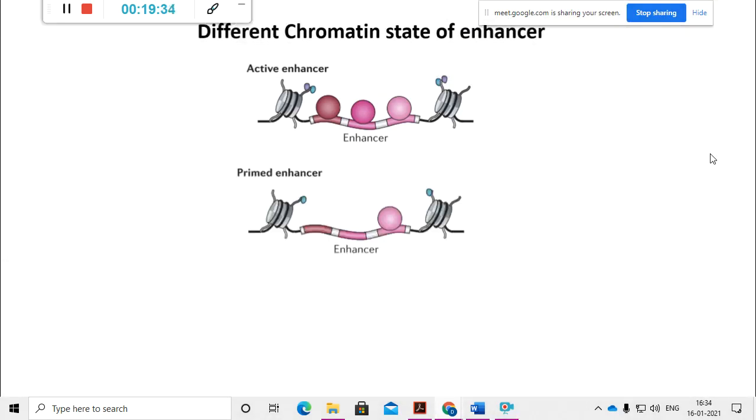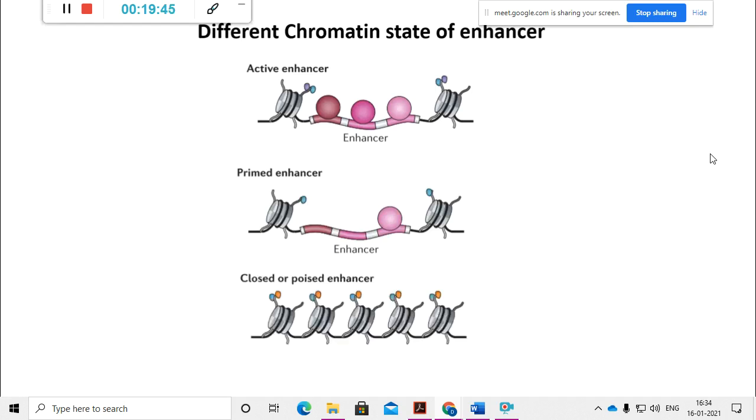It could also be a primed enhancer, where the enhancer is accessible but the specialized transcription factors are just not bound. It could also be poised, which could be opened or closed, so bidirectional markers are there in this state. They are not accessible to the transcription factor right now, but they could be modified in the near future depending upon the need of the cell.